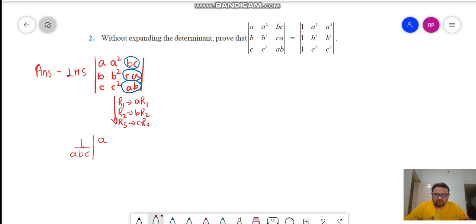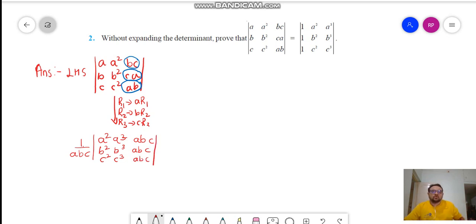Okay. a square, a cube, abc. Multiply first row with a, second row with b, so b square, b cube, and abc. Third row, c square, c cube, and abc.